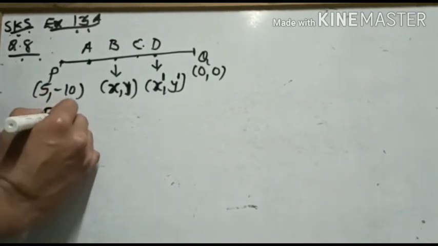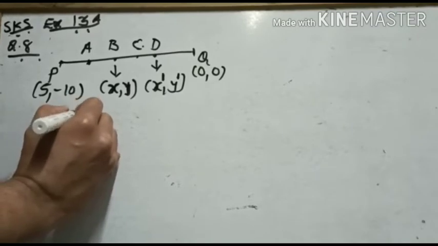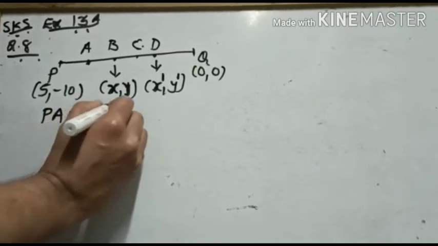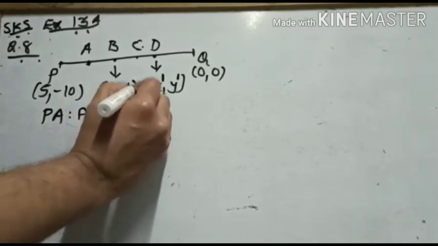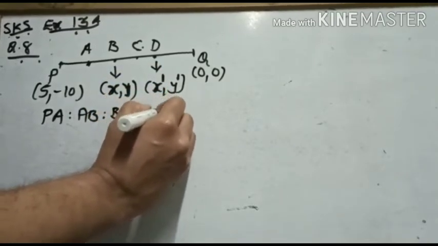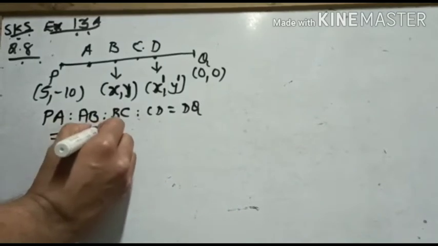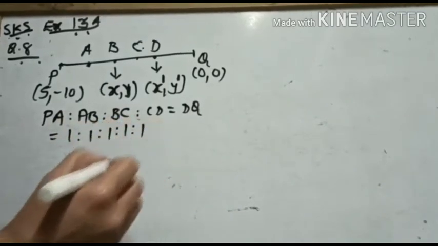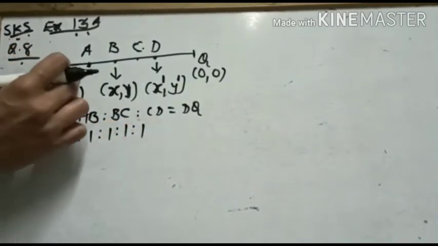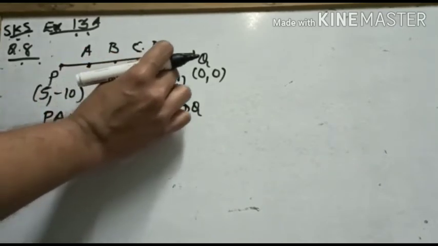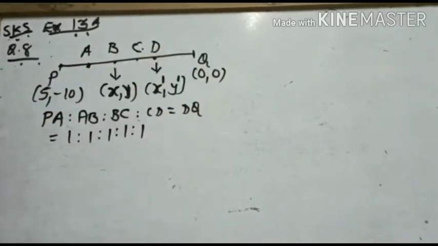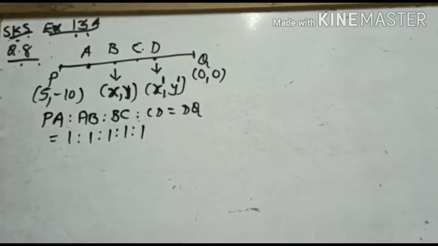Hence PA is to AB is to BC is to CD is to DQ will be equal to 1 is to 1 is to 1 is to 1. Each of these 5 parts is equal.